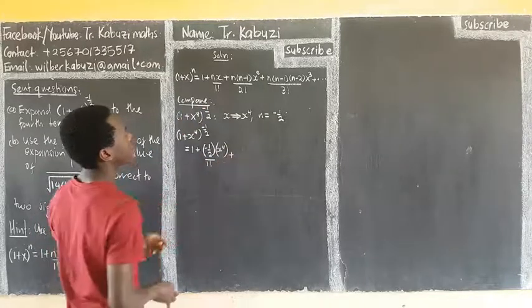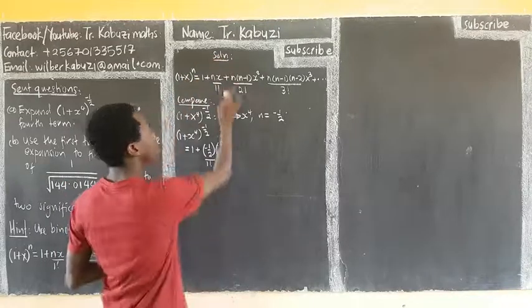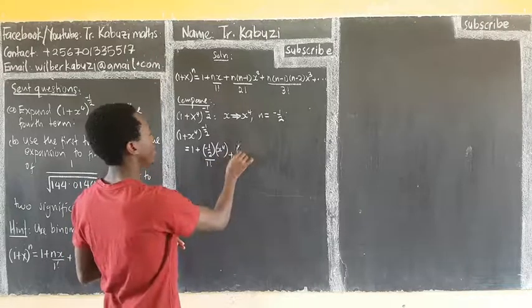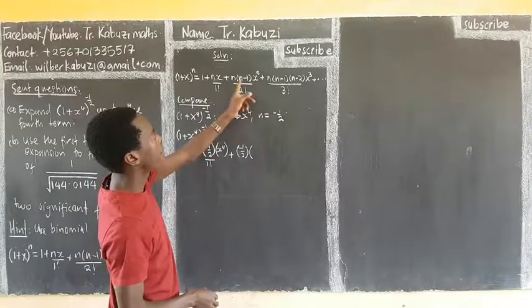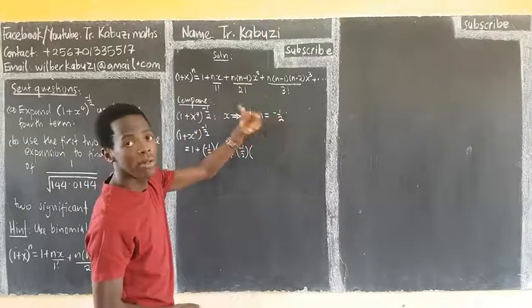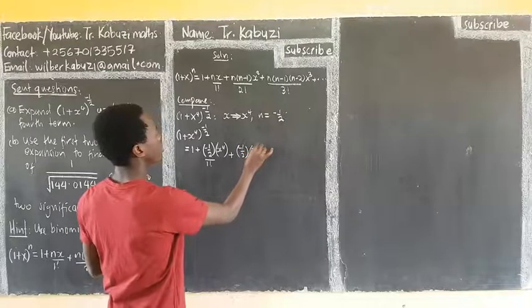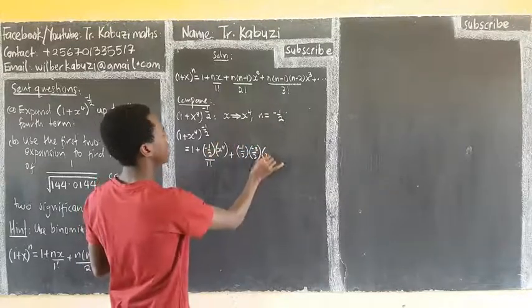Then plus, I come to the next term, which is n, negative a half, into n minus 1. When you subtract 1, you get negative 3 over 2. Then x, which is x^4.